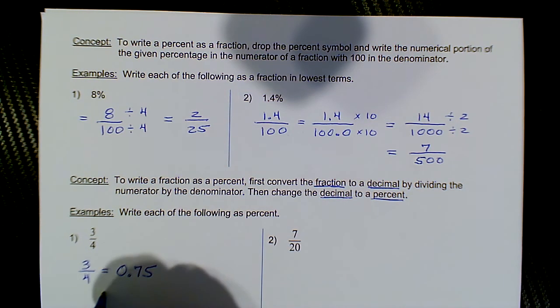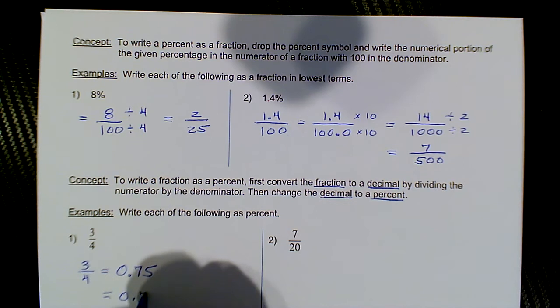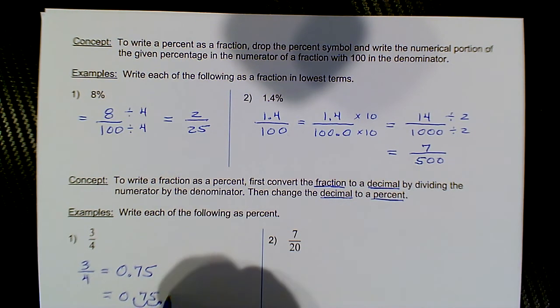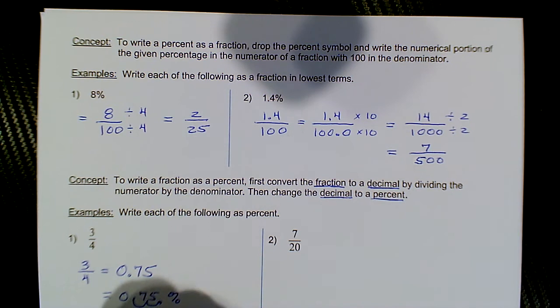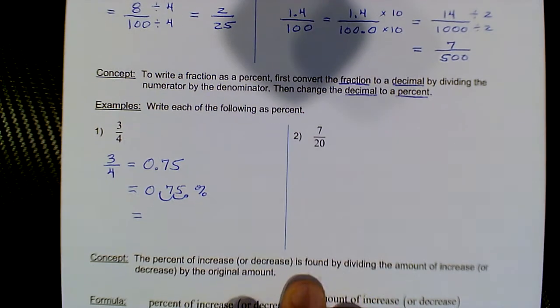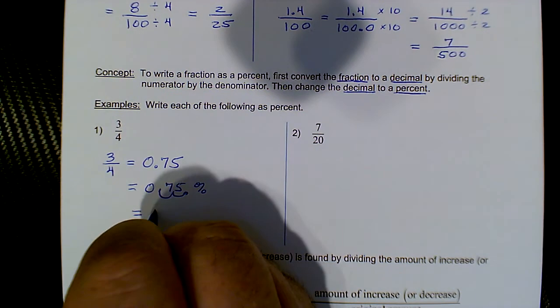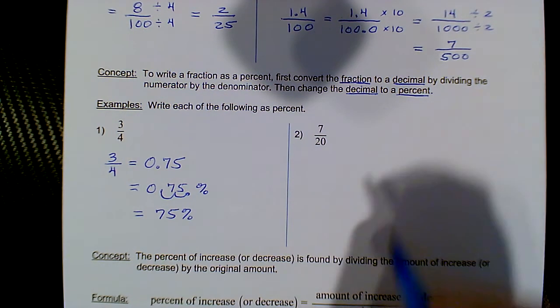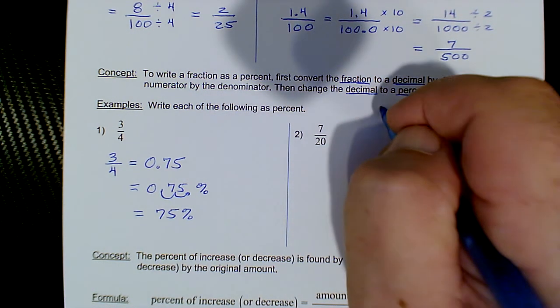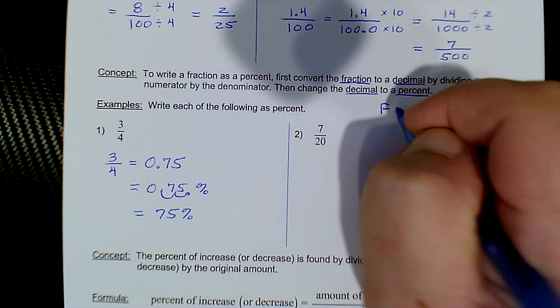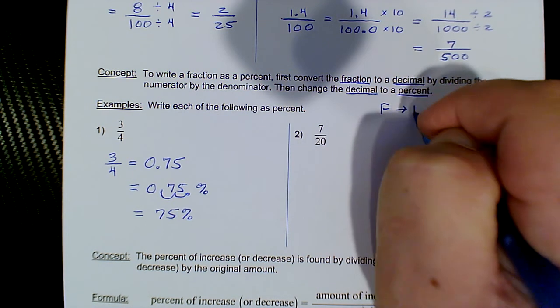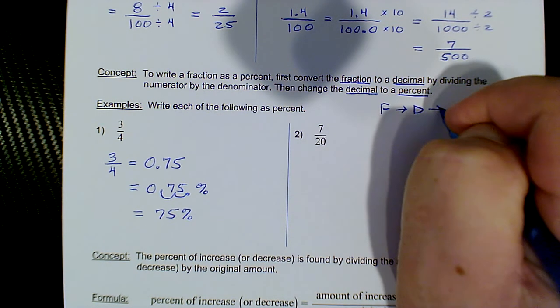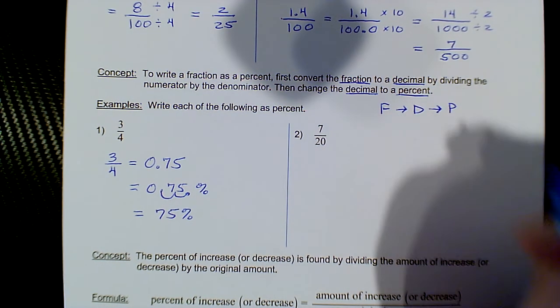So 2 places to the right, I'm going to recopy it, 2 places to the right, and add the percent symbol. Then I'll make it look a little cleaner, and that's 75%. Okay, so again, can't do it directly. Go from a fraction to a decimal, and then to the percentage.